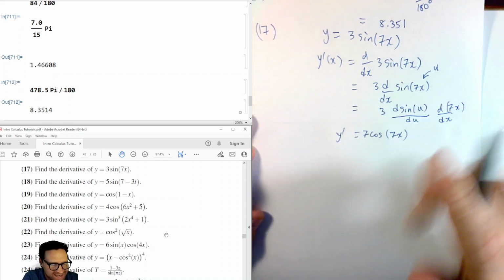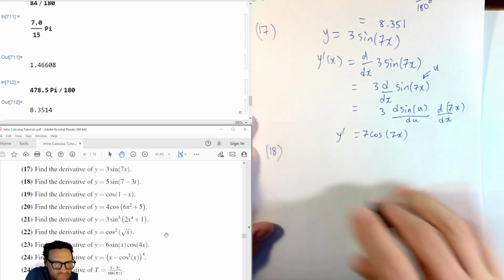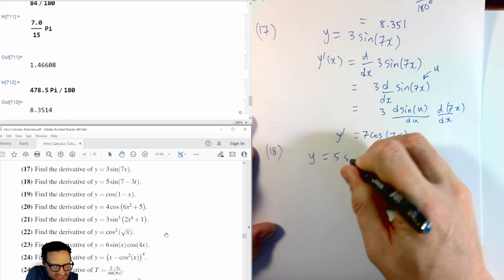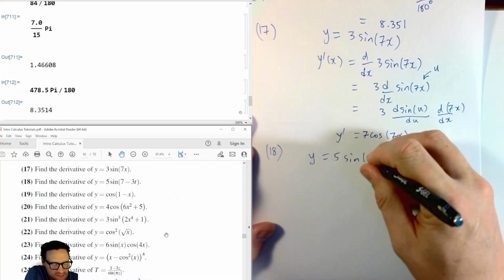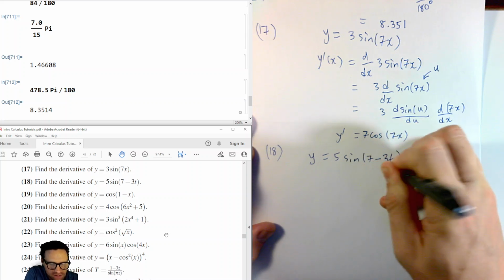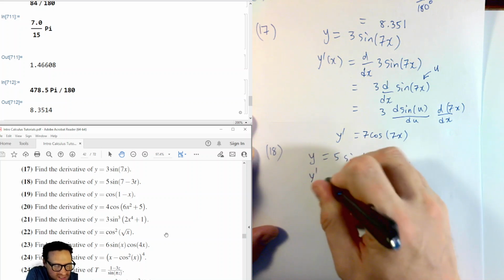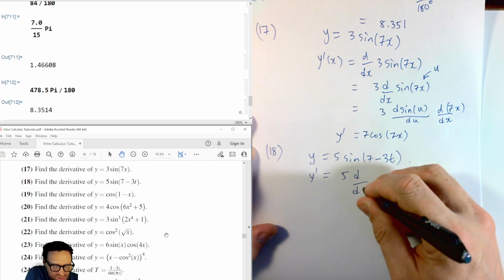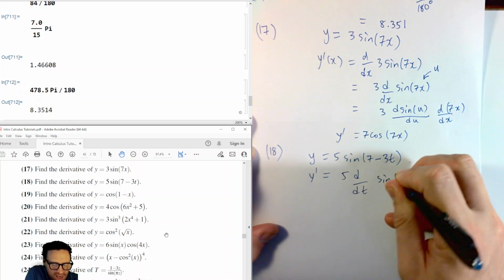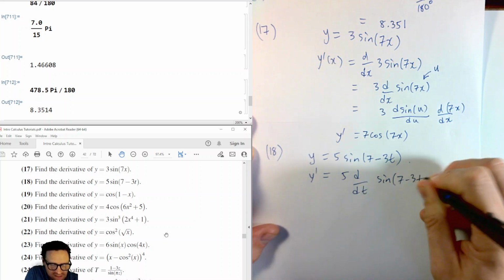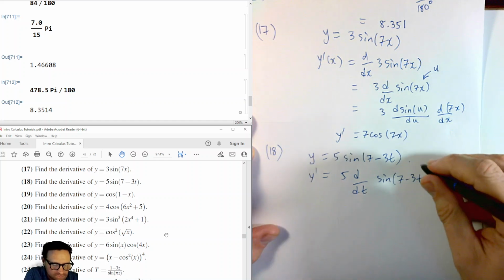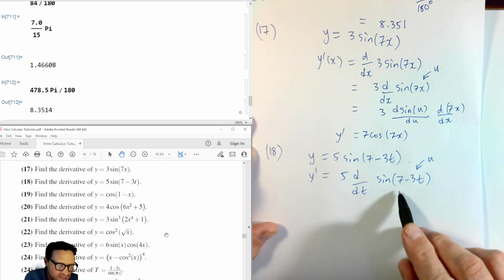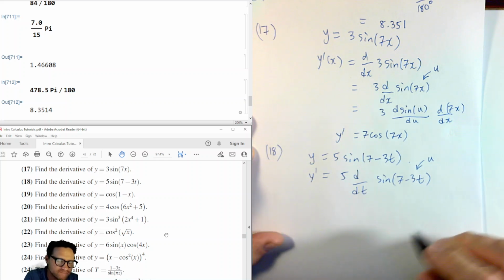Let's do question 18. We have y equals 5 sine of (7 minus 3t). y′ is 5 times the derivative with respect to t of sine of (7 minus 3t). Now inside this bracket, let's let that be u, as in the whole 7 minus 3t.